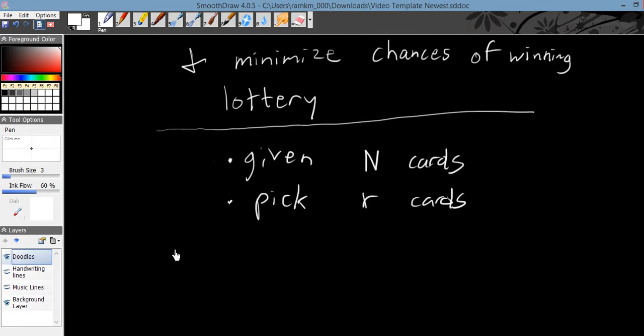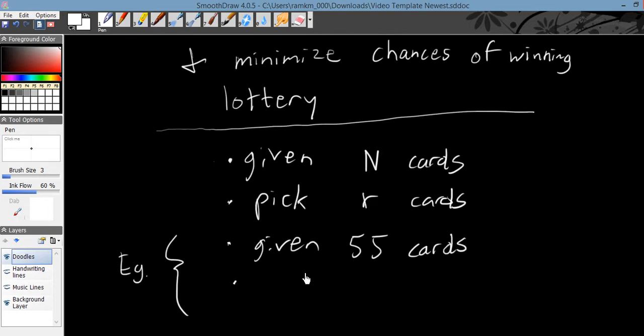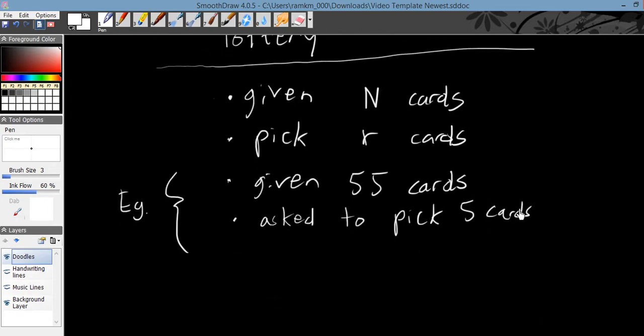So let's say, for example, there are 55 cards. We're given 55 cards, and we're asked to pick 5 cards, and let's say one of these sets of 5 will end up winning us the lottery.